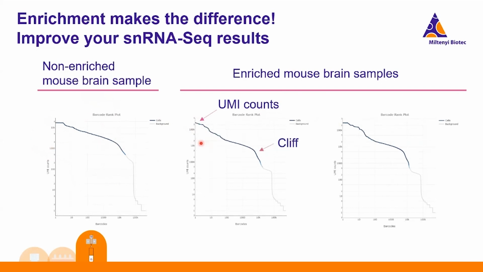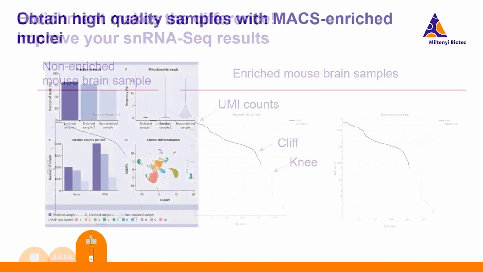And also if you're looking at the cliff and the knee features of this barcode rank plot, there's quite a steep cliff and a pronounced knee in the enriched samples, whereas the cliff and the knee are not that steep and not as pronounced in the non-enriched brain sample. And having it pronounced is also, again, a measure of good sample quality.